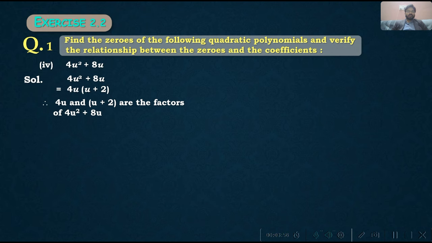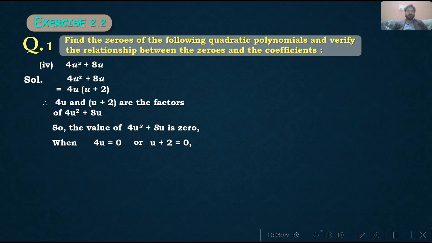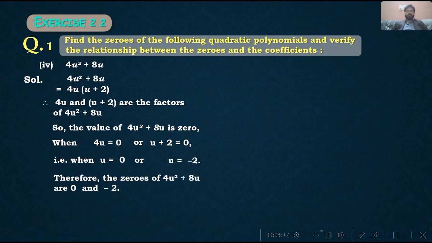So the value of 4u square plus 8u is 0 when 4u is equal to 0 or u plus 2 is equal to 0. That is when u is equal to 0 or u is equal to minus 2. So u is equal to 0 and u is equal to minus 2 are the zeros of 4u square plus 8u.